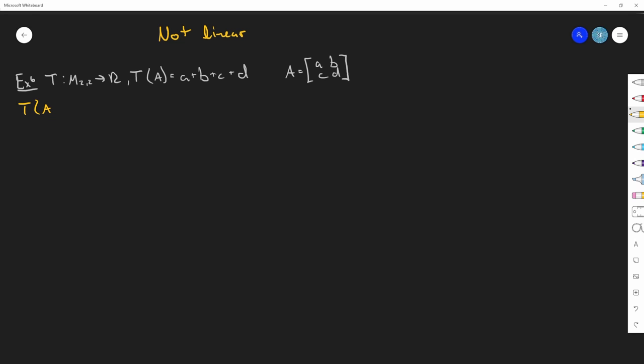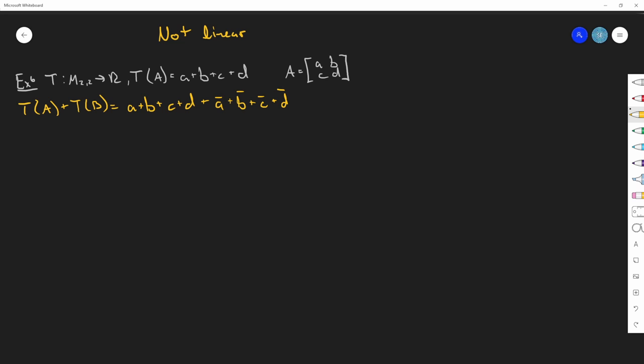So let's do T of A plus T of B. We know T of A is going to be A plus B plus C plus D, and then T of B is going to be A bar plus B bar plus C bar plus D bar.